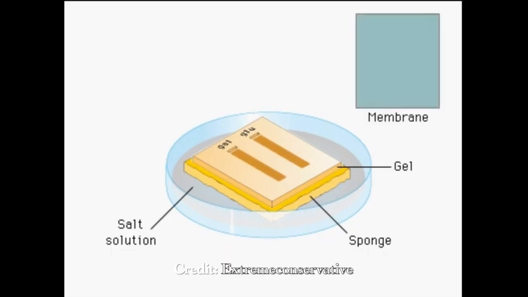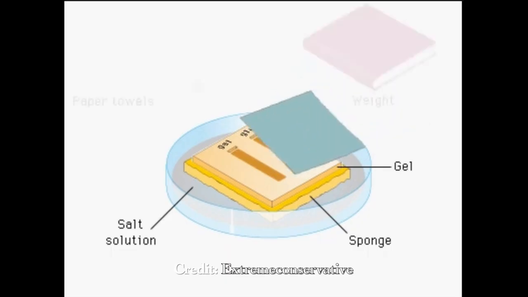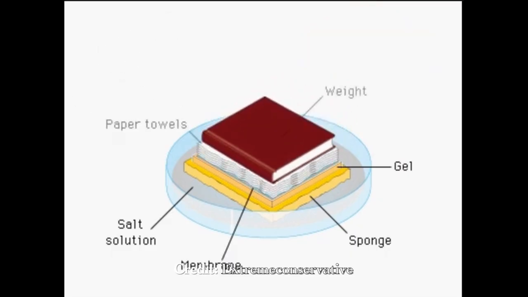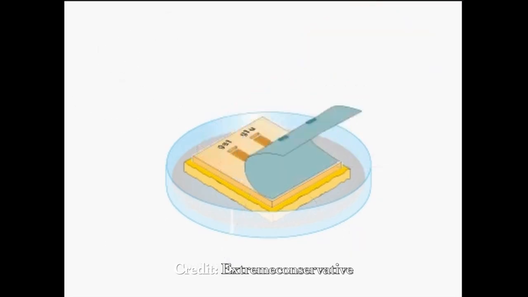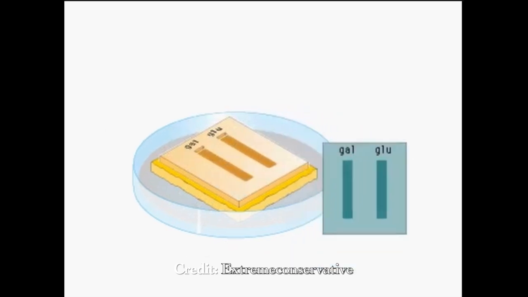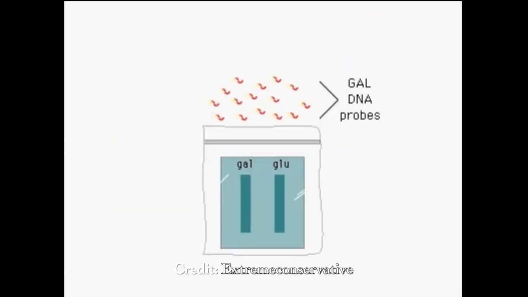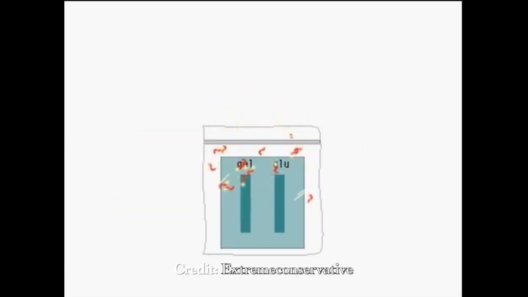Following that, the RNA will be blotted, as we call it, northern blot. So this means that RNA is transferred to an RNA binding membrane. And then lastly, you have to hybridize this RNA with radioactively labeled nucleic acid probes. And these probes you have to design beforehand.